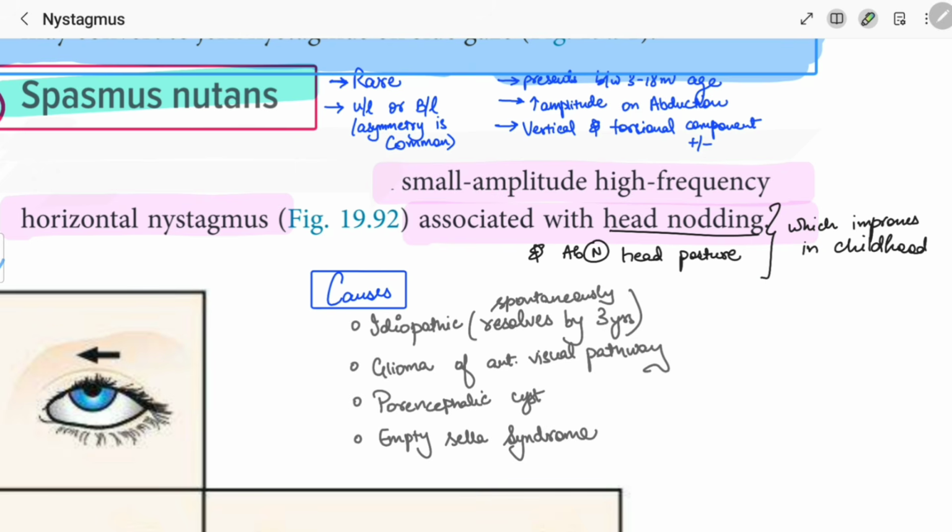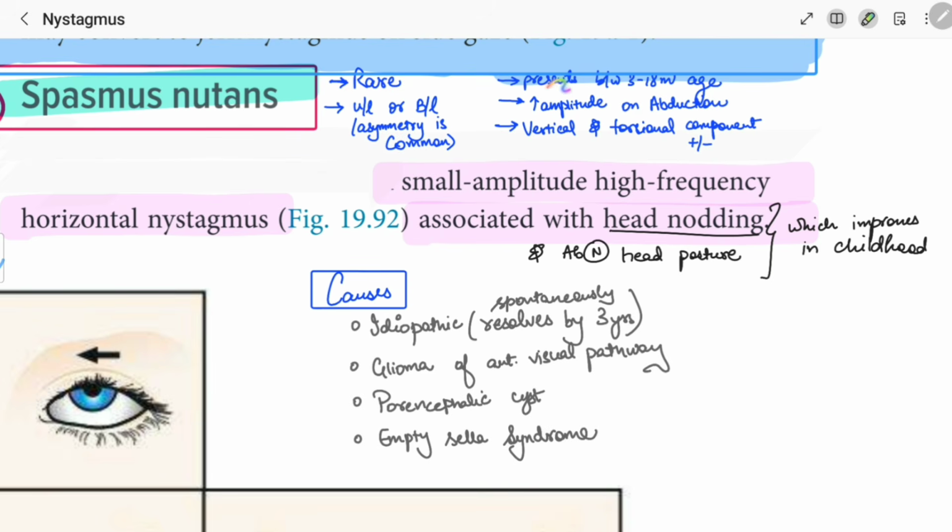Head nodding and head posture improve. Causes are idiopathic, that is, it resolves by 3 years, any glioma of anterior visual pathway, porencephalic cyst, or empty sella syndrome. These conditions can cause a spasm-like nystagmus, which we call spasmus nutans.